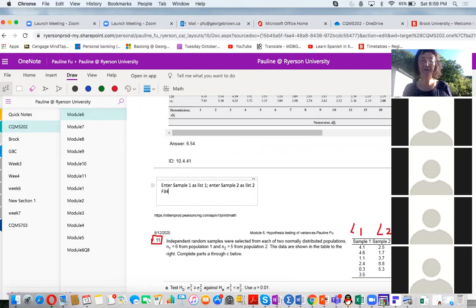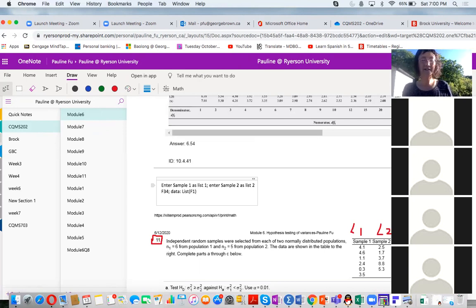F test. After that, data, make sure it is a list, not a variable. Data is list. But when you look at your calculator, you see data variable. How can you change from variable to list? You press the F1 button. The F1 button will allow you to change from variable to list.